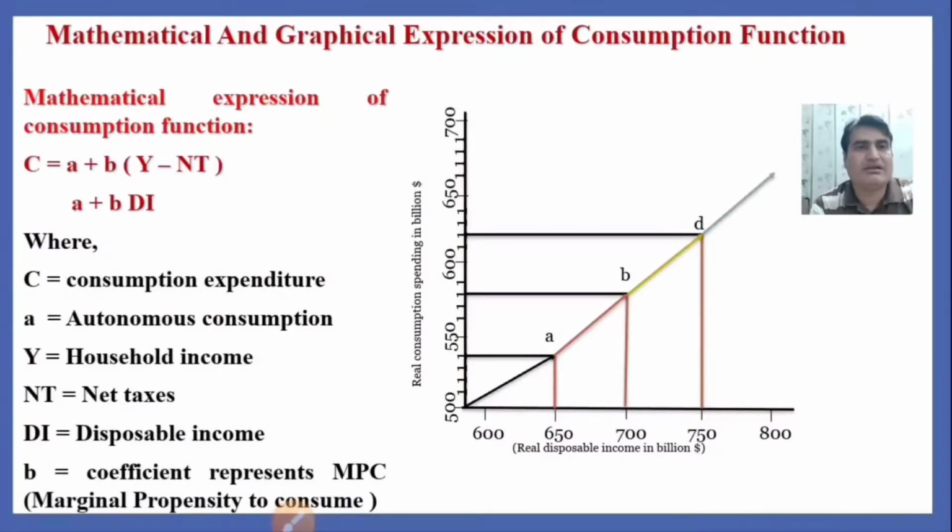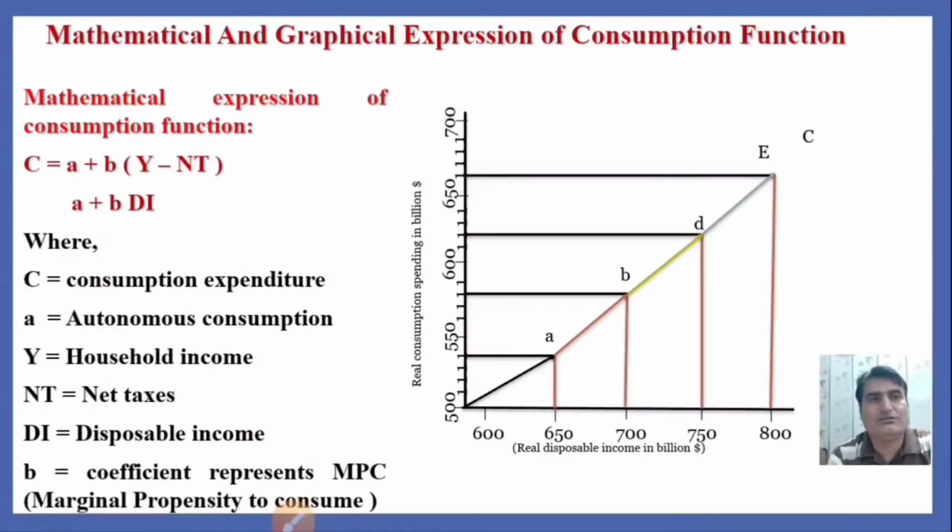As the income increases from 750 to 800, the consumption also increases, likewise at point E. By joining all these points, we get a curve that is C. This is the consumption curve.